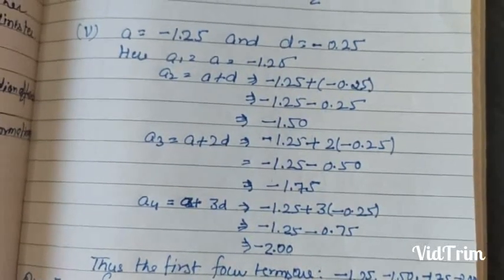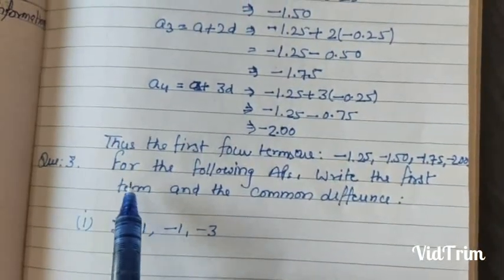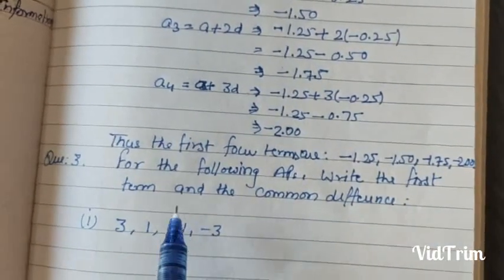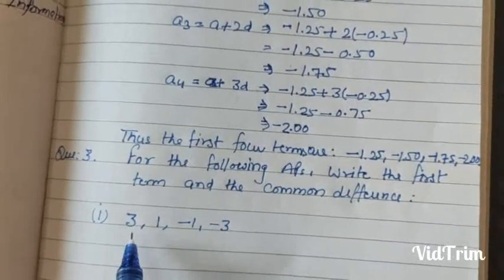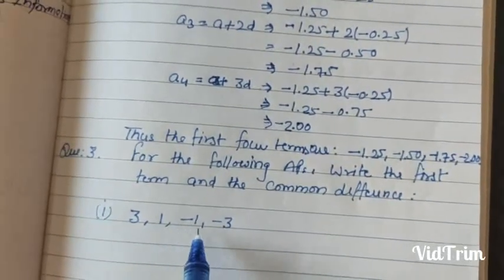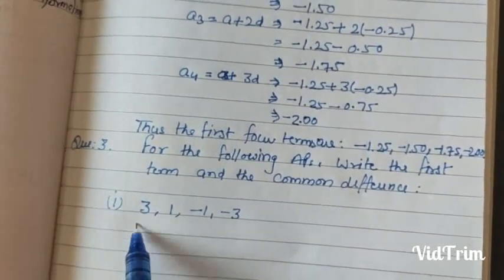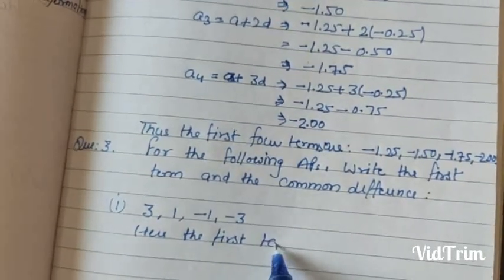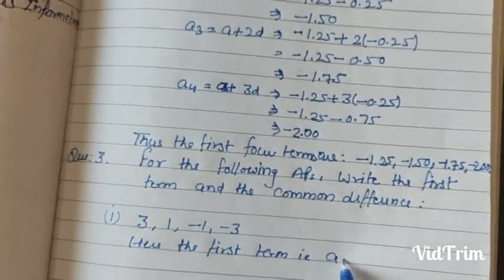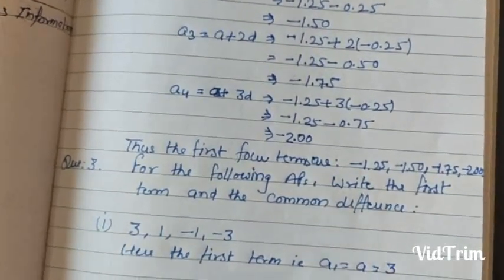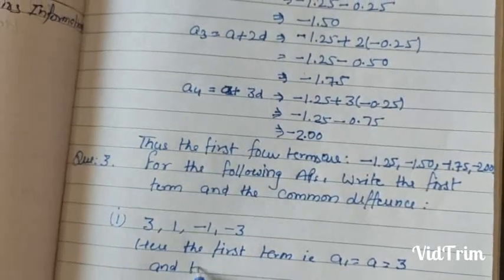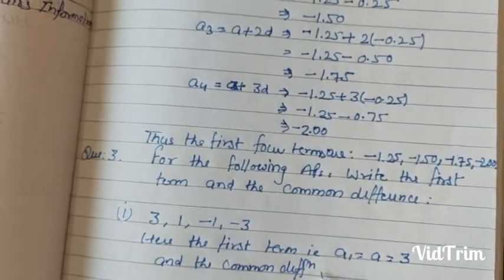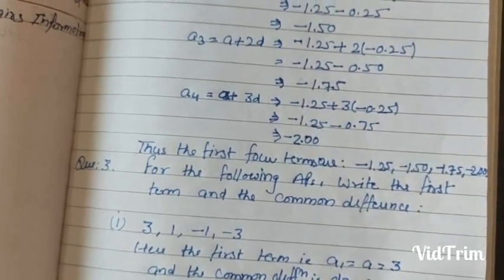Pause the video and note it down. Our next question is question number 3: for the following APs, write the first term and the common difference. In the first part, we have the given AP as 3, 1, -1 and -3. Here the first term, A1 equals A, is 3, and the common difference D is A2 minus A1.